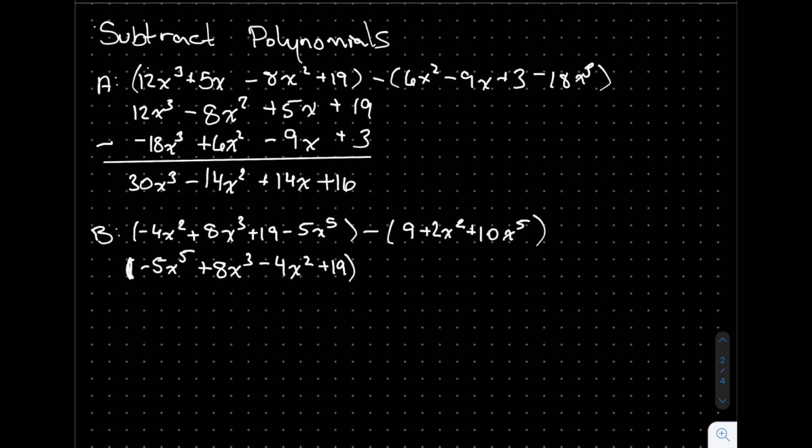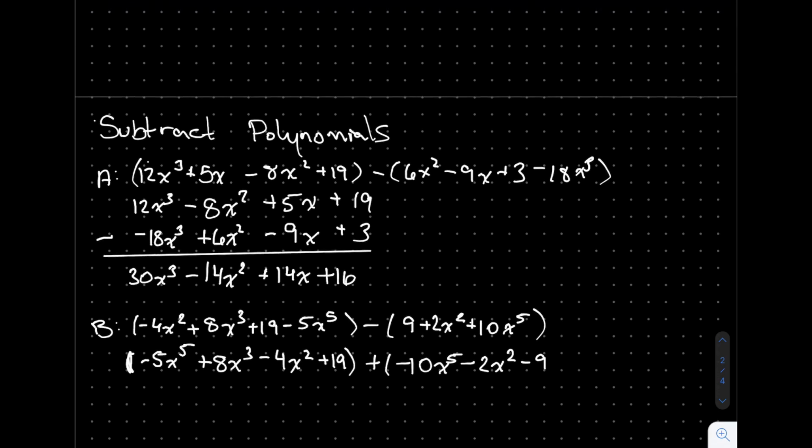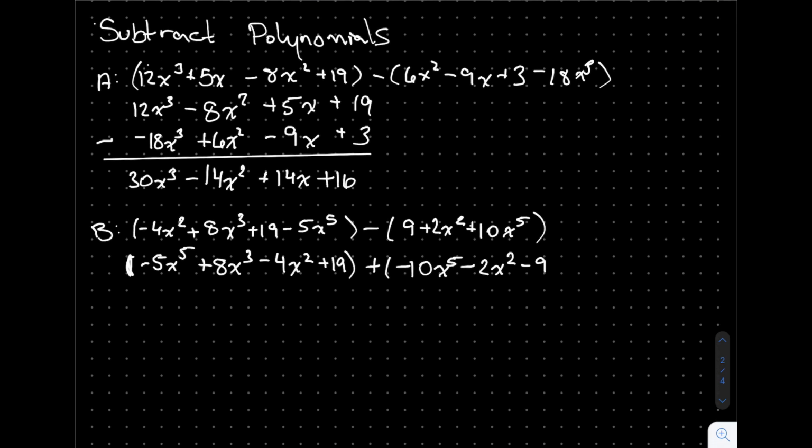What that's going to let me do is turn this into an addition problem. So it's going to be plus negative 10x to the fifth, putting it in standard form, minus 2x squared minus 9. So that negative just has the effect of changing the sign of the entire polynomial.